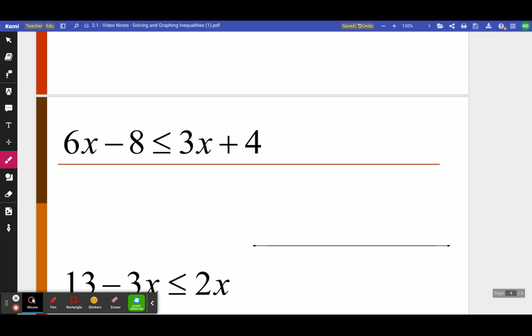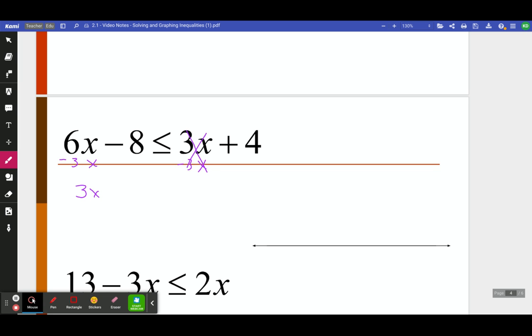Okay, here's our first example. So we have 6x minus 8 is less than or equal to 3x plus 4. So our first step is to try to get all of our variables on one side. So I would do that by subtracting 3x on both sides. Those are going to cancel out.